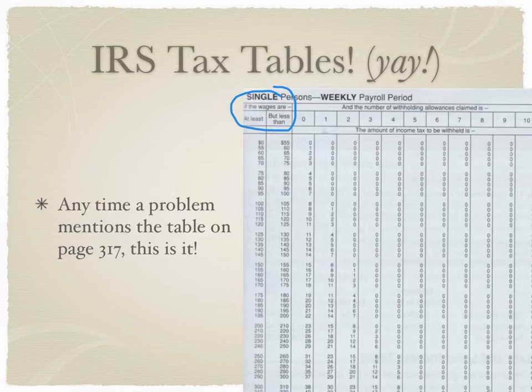Then the remaining columns are for withholding allowances: 0, or 1, or 2, or 3, or 4, all the way up to as many as 10. You would go down until you find the band that includes your pay, and then go across until you're in the column for the right number of withholding allowances.